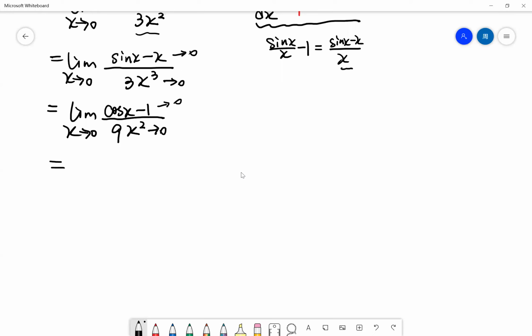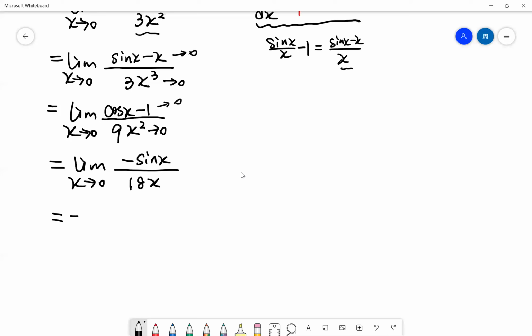So that equals x approaches 0 here. Cosine x minus 1 prime means minus sine x, right? And then by 18x. And now we can get the result.